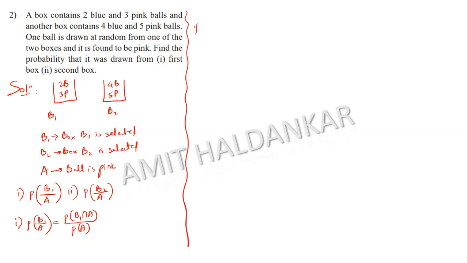P of B1 upon A is equal to P of B1 into P of A upon B1, and in the denominator you want the total probability.